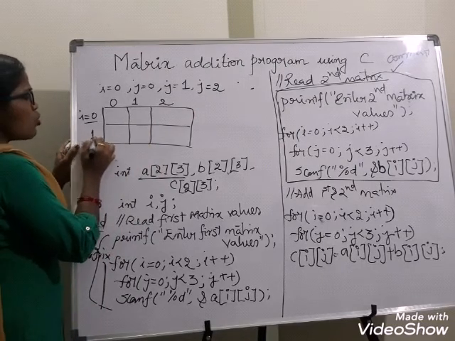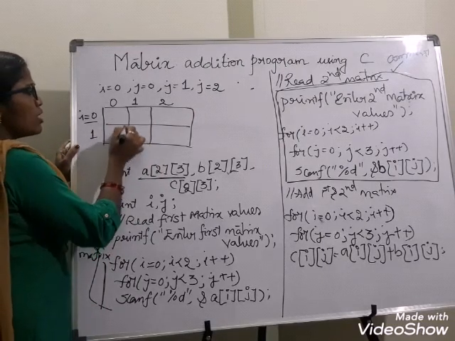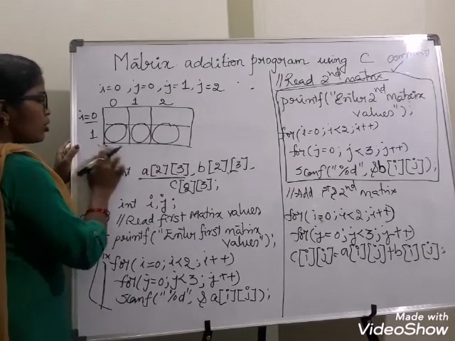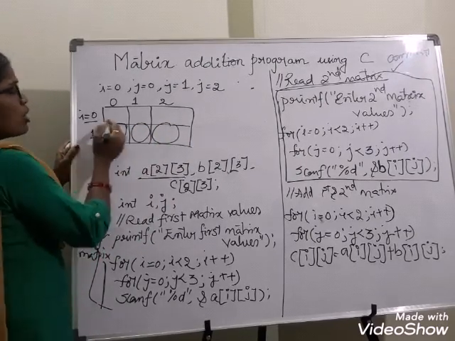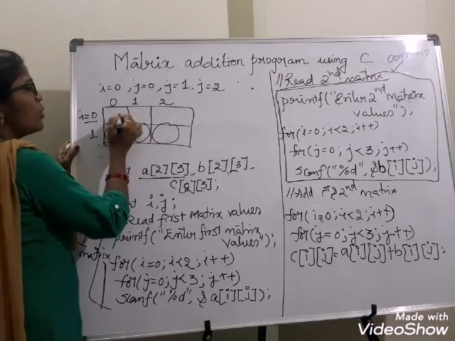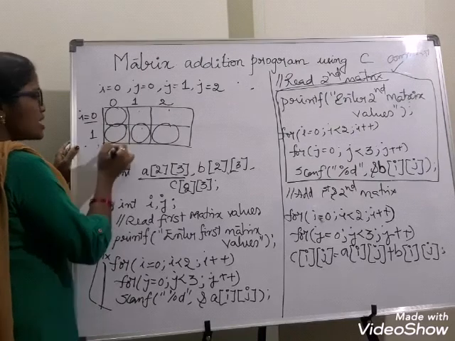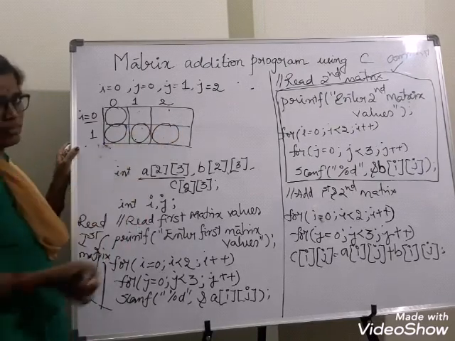For i equals to 1, you are doing j equals to 0, j1, j2. And do you have more i values? No. So how many times are you repeating the loop? 0,0; 0,1; 0,2; 1,0; 1,1; 1,2.